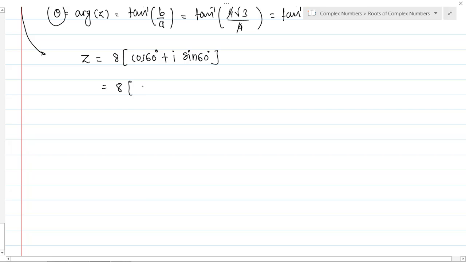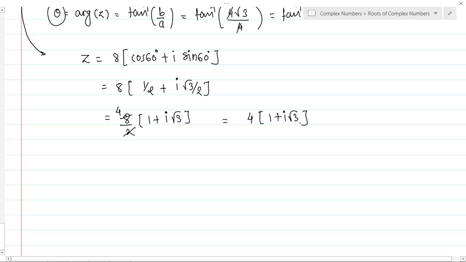It is 1/2. And sin 60 is root 3/2. So I can take 2 common. So 8/2 into 1 plus i root 3. So this 2 cancels with the 8, leaving 4. So what is the final answer? It is 4 into 1 plus i root 3. Is it okay, everyone?